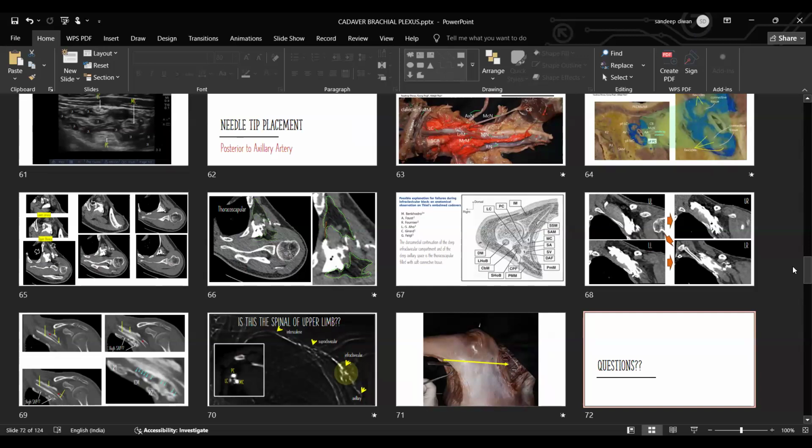So now we have often been informed that you need to have triple monitoring. With peripheral nerve stimulation, if the current is less than 0.3 milliamperes, you're not supposed to inject. With ultrasound, if you see an increase of the nerve size, by how much is it quoted, Hetal?